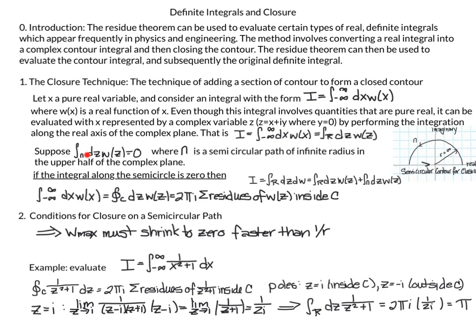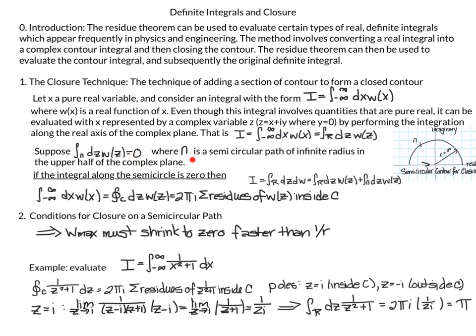And suppose we have an integral over a semicircular path, and this sign looks kind of like an intersection sign from set theory. I actually haven't seen this sign in complex analysis, but here it is. It's our semicircle. So suppose the integral over the semicircle is equal to 0.